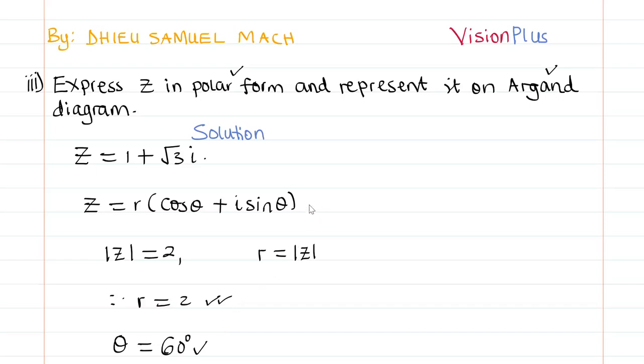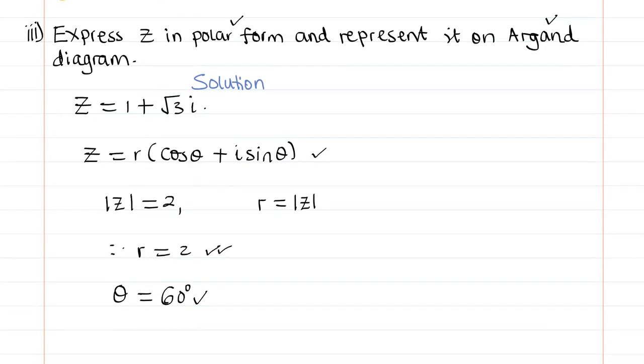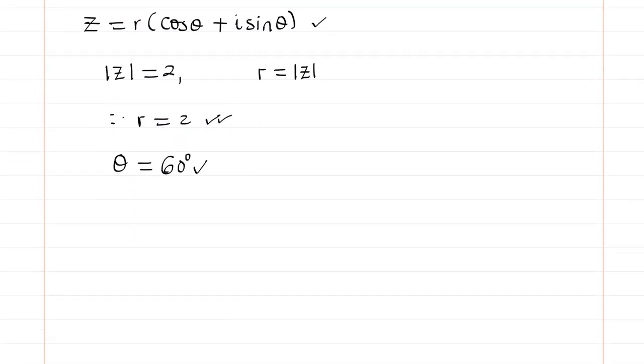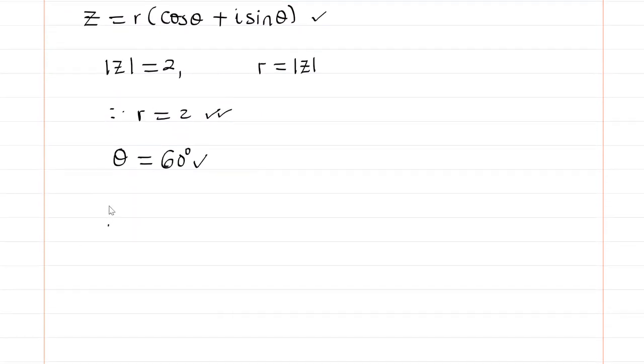So you can see that the polar form is actually easy, because what you need to do is to find r, which we did in Roman 1, and to find theta, which we also did in Roman 2. So we don't need to find them again since it is the same number. So we simply substitute. Therefore, here we shall have our complex number in the polar form z becomes r.